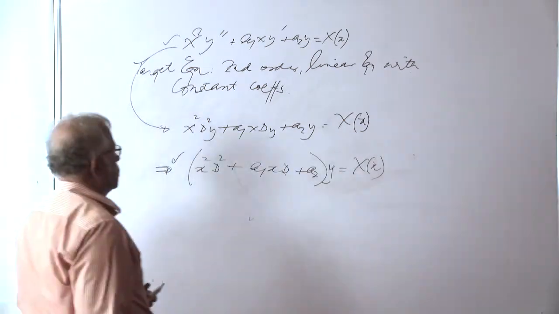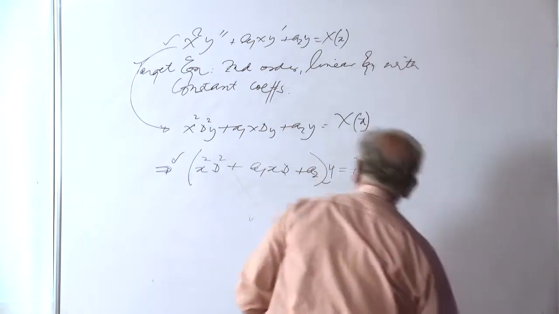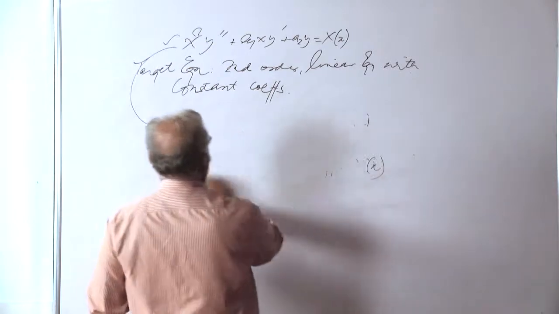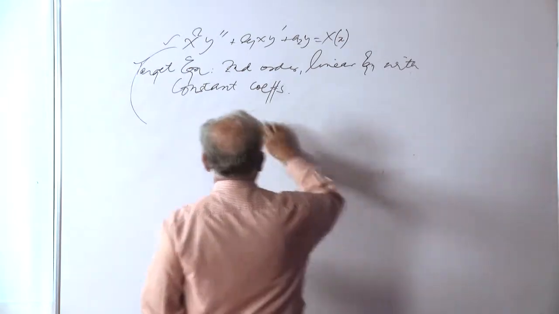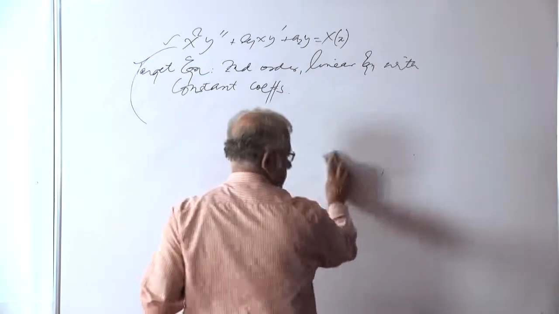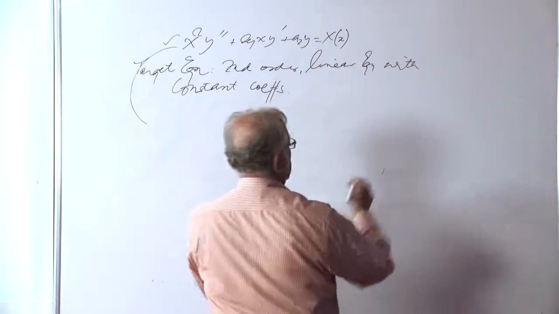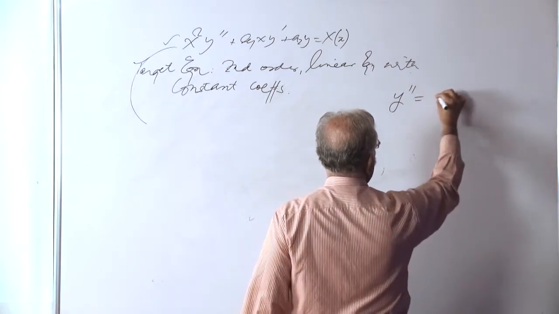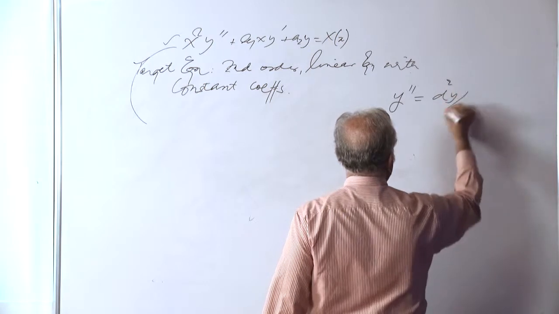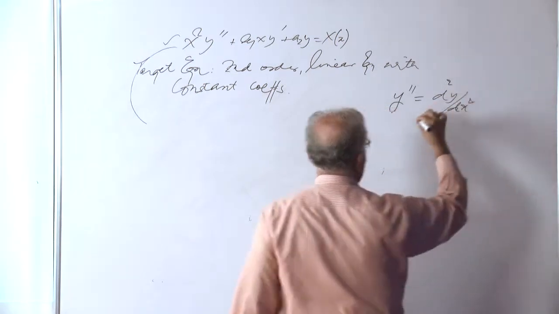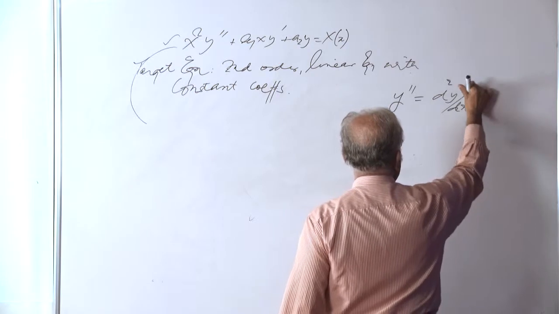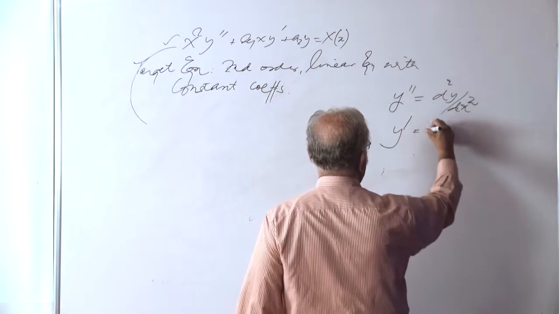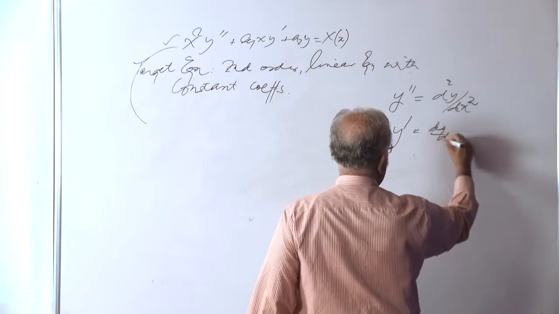Now we'll effect the substitutions. We have to remind ourselves that when we write y double dash, it is d2y dx2, and when we write y prime, that represents dy dx.